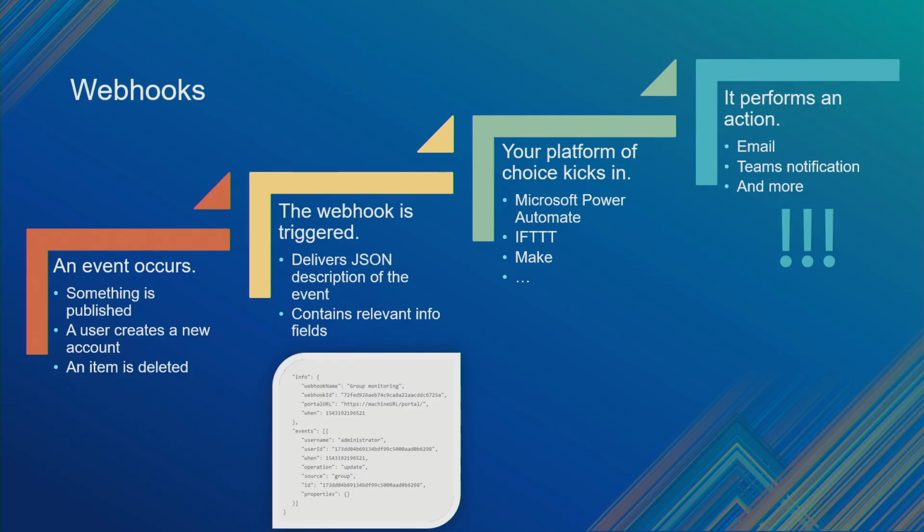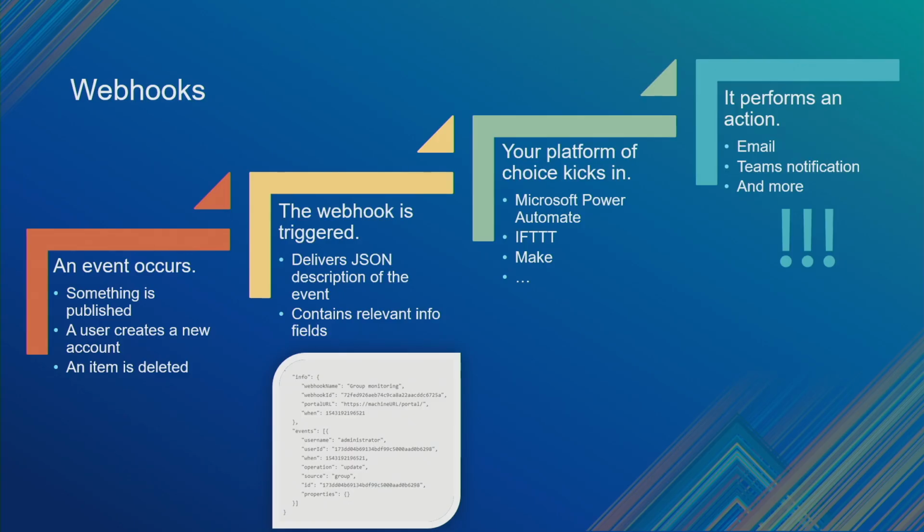And all ArcGIS Enterprise webhooks, though, follow a similar process. Once the webhook is triggered, event information is delivered in a JSON schema containing relevant information specific to each webhook type. Each webhook type has specific events that they can subscribe to.